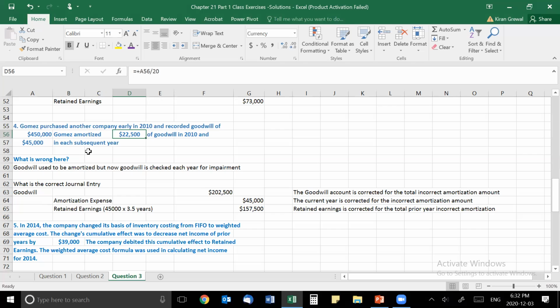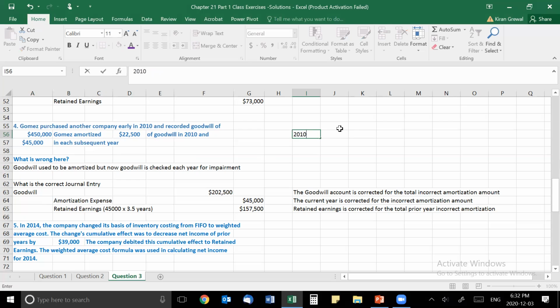So again, we can look at what did they do versus what should they have done. So what they did was they amortized $22,500 in 2010, and then 2011, 2012, 2013, and 2014, they amortized $45,000. So you can do a chart again to determine what they did do versus what they should have done.